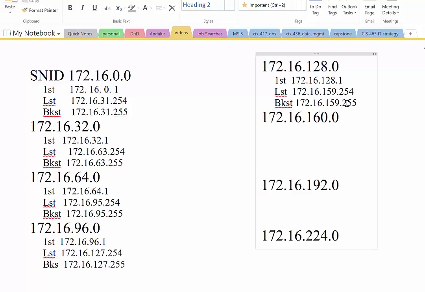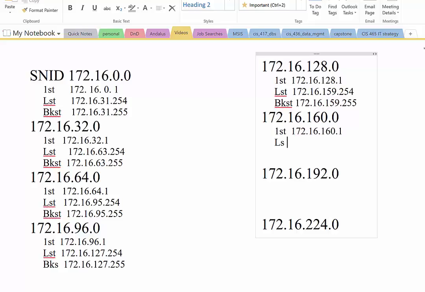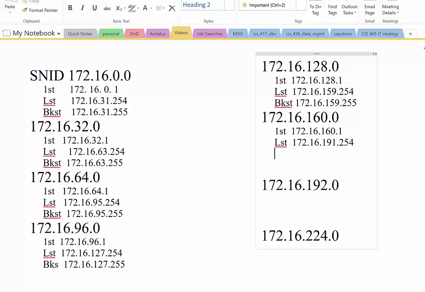All right, jumping on to the next subnet. My first usable will be 172.16.160.1. And I'm just going to start copying and pasting now, guys. This is getting to be a lot of typing for me. Last is 172.16.191.254. And my broadcast will be 172.16.191.255.